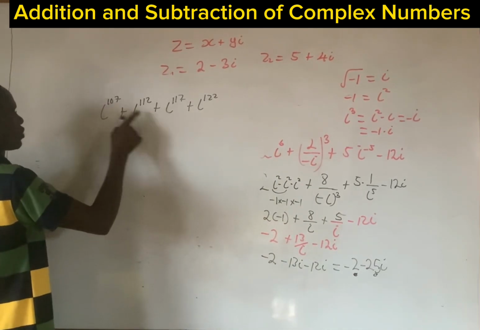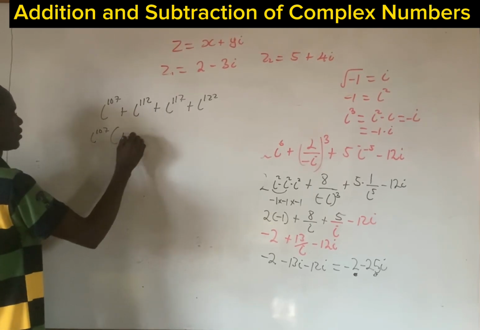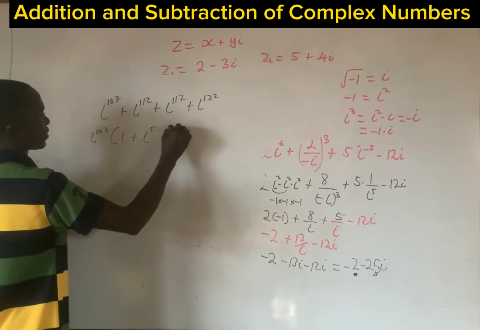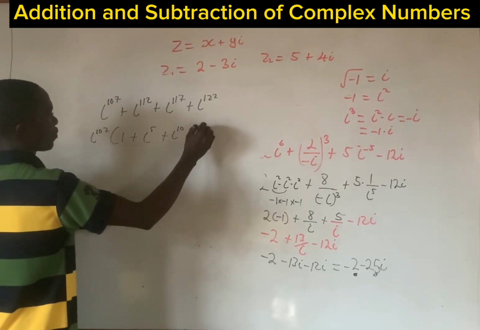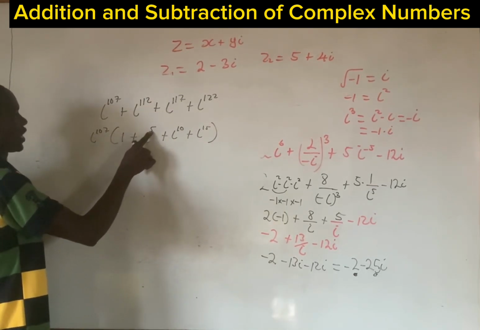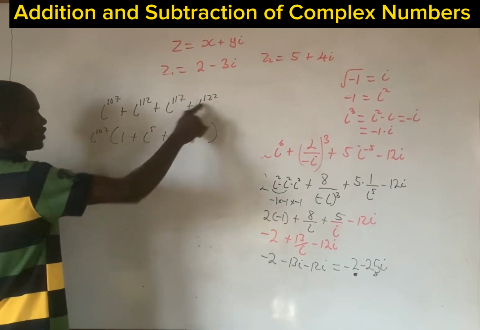So this is the smallest one, so let's factorize it out. So I have i power 107 times 1 plus i power 5 plus i power 10 plus i power 15. 107 plus 5 gives this, 107 plus 10 will give you this, 107 plus 15 will give you this.